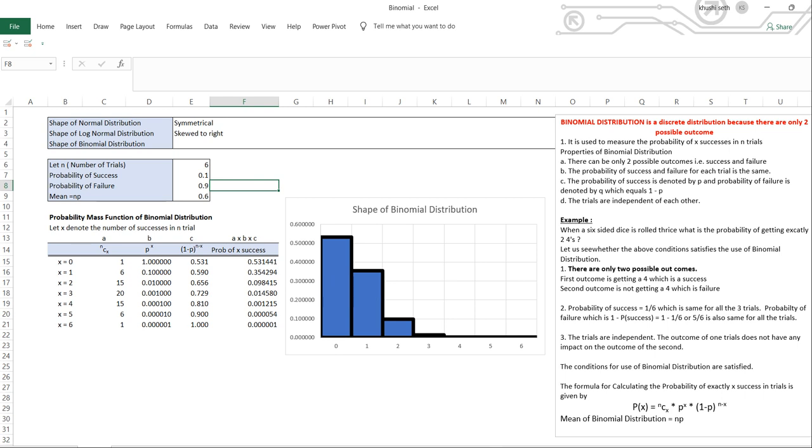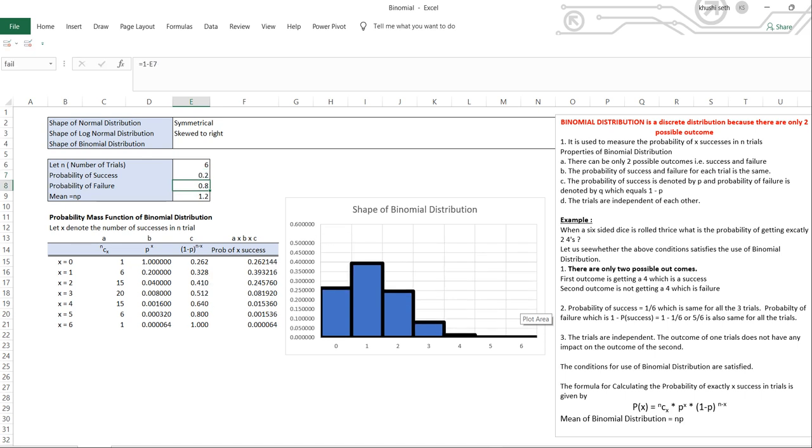When the probability of success is 0.1, the binomial distribution is positively skewed. We can understand this because of the long right tail. We can also say that it is right skewed or positively skewed.